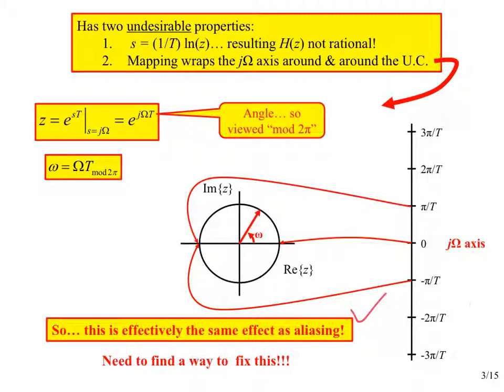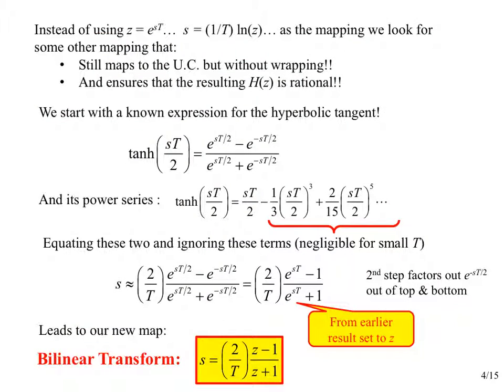And so we need a way to fix this because that severely limits what we can do with this kind of design approach. So here are our steps to fix this. Instead of taking z equal to e to the st, or its equivalent s equal to 1 over T natural log of z, we're going to look for some other mapping.